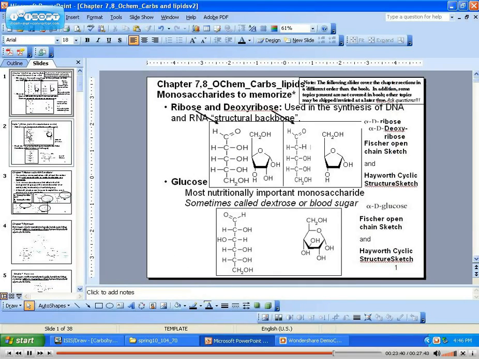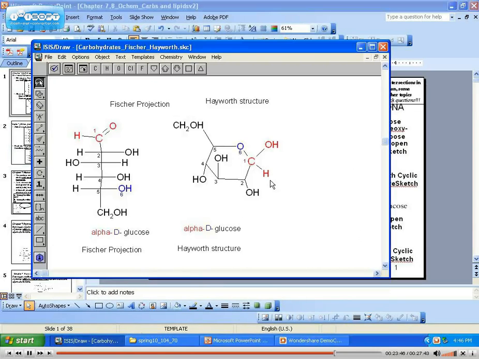If you go back to the slides, technically you don't need to show the hydrogens. So in mine, you can see them. It's out of habit, but I guess if you wanted to, you can get rid of it. I always like having my hydrogen on the anomeric carbon present. But it's ultimately the alcohol that determines whether it's going to be alpha or beta. Again, alpha down, beta up.